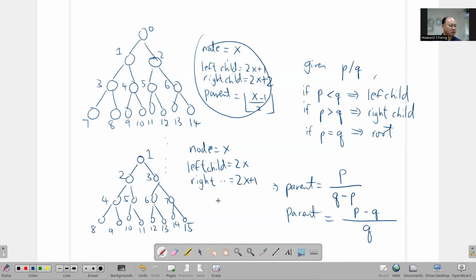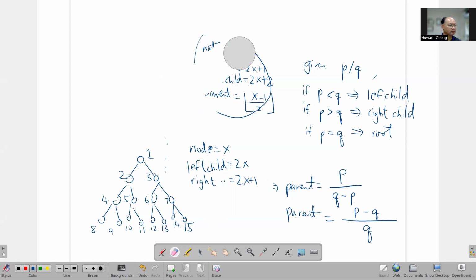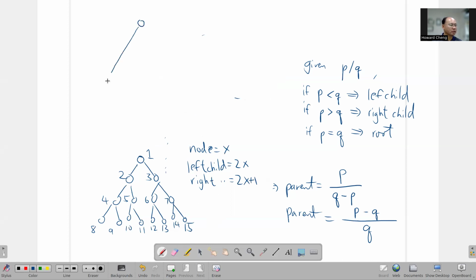Okay, so what am I going to do? How am I going to use this information to help me solve the problem? What I'm going to do is the following. I have a tree, and I have a node somewhere. This is P and Q that I'm given.